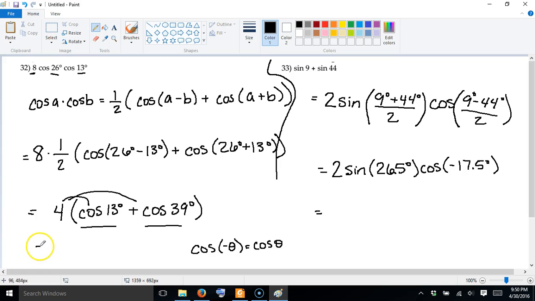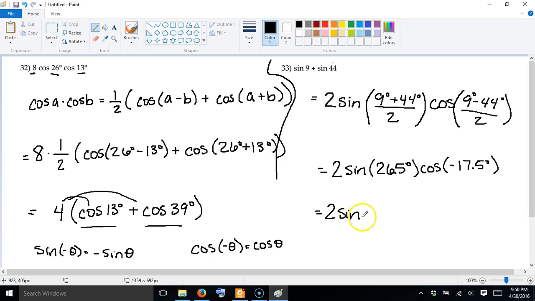Now if it was sine of a negative angle, it's equal to the negative sine of theta. So if we had a sine theta here, we would end up putting a negative on the outside of that expression.